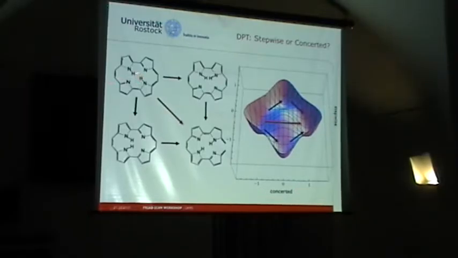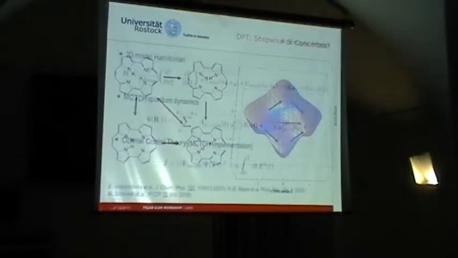You can either move the two protons separately, so you go this way around, which is normally energetically more preferable but a longer way, or you can go the other way around, or you can go just across the hill here in the concerted fashion. So that's basically the two modes of transfer which are possible in these systems.